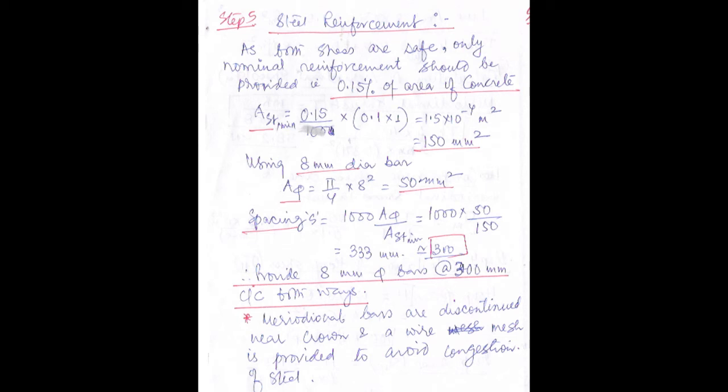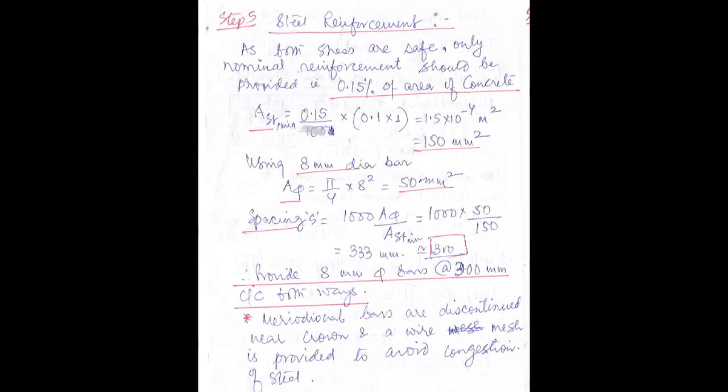Now let us assume that we are providing the 8 millimeter diameter bar. So area of one bar is equal to pi by 4 into 8 square, that is 50 millimeter square. So spacing we can find out by this formula: S is equal to 1000 A_phi divided by AST min. Actually in this case this is the AST min, as we are providing the nominal reinforcement only.